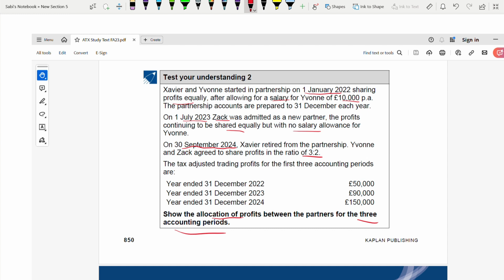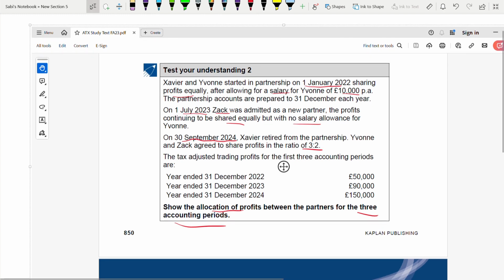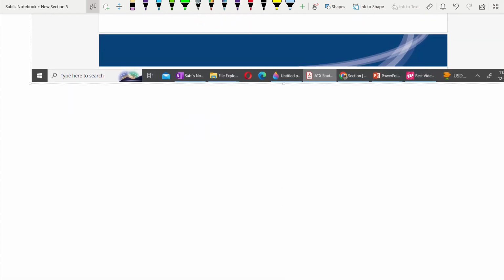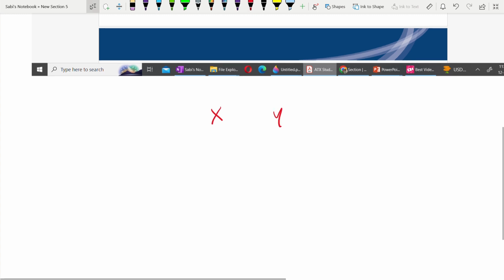So we are going to make 4 columns and with the total. So let us quickly do that. First we have Xavier X, then Yon, then Zach, then we'll write the total here.